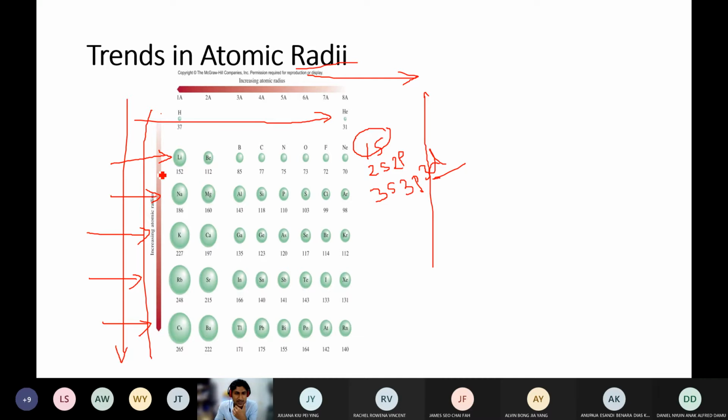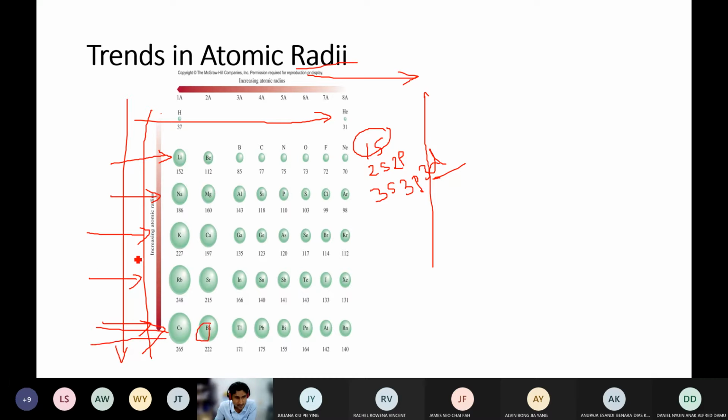So as we go down, the options for electrons to expand are more, and the principal quantum number increases. So it has a bigger space to house all the electrons it has, and that is why the atomic radius increases.